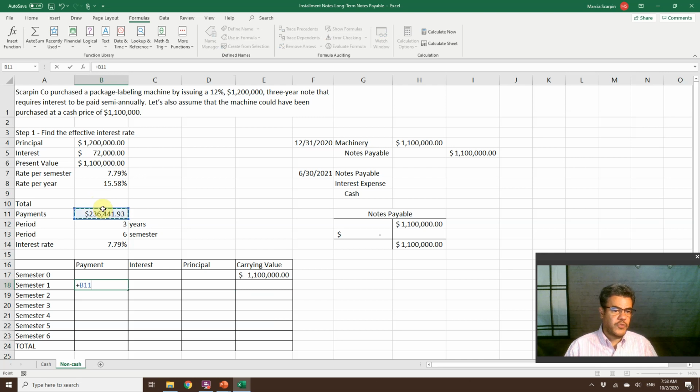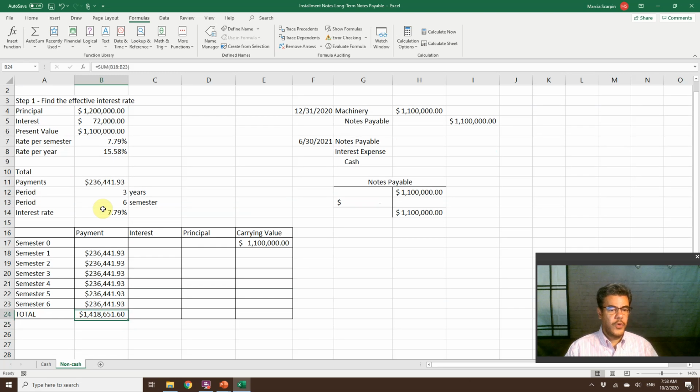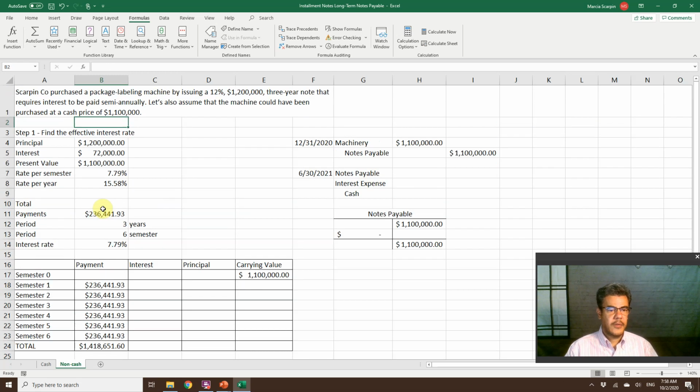Payment will be 236 all the time. So let's copy and paste here. Interest, carrying value times our interest rate. Principal, payment less interest.